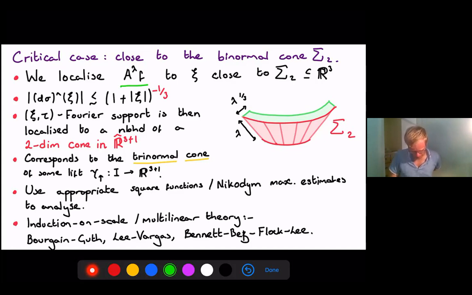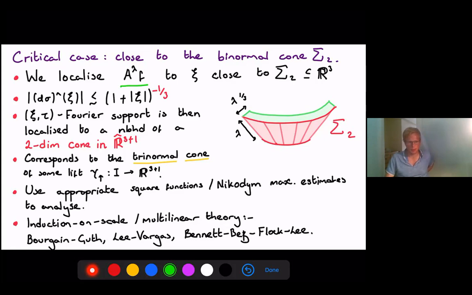So it was using this theory developed by Bourgain and variants due to Lee and Vargas used to prove square function estimates. And in particular, a key ingredient was a multilinear restriction estimate, which the whole thing hinges on, which appears in the work of Bennett, Bez, Flock and Lee from a few years ago.